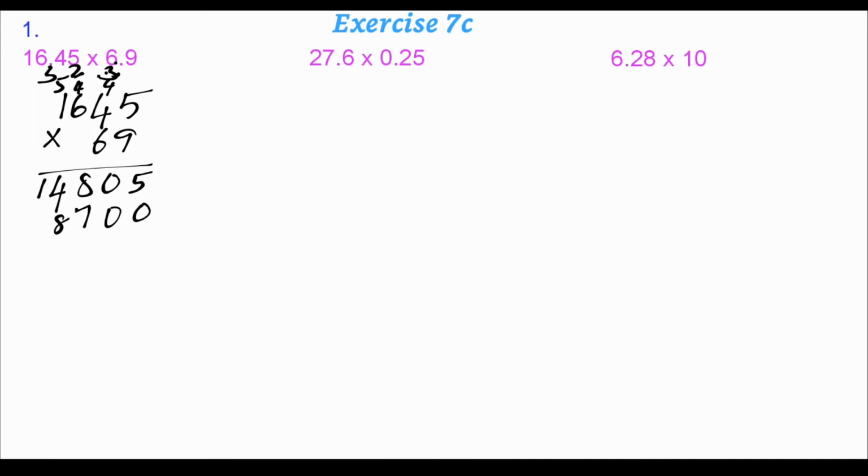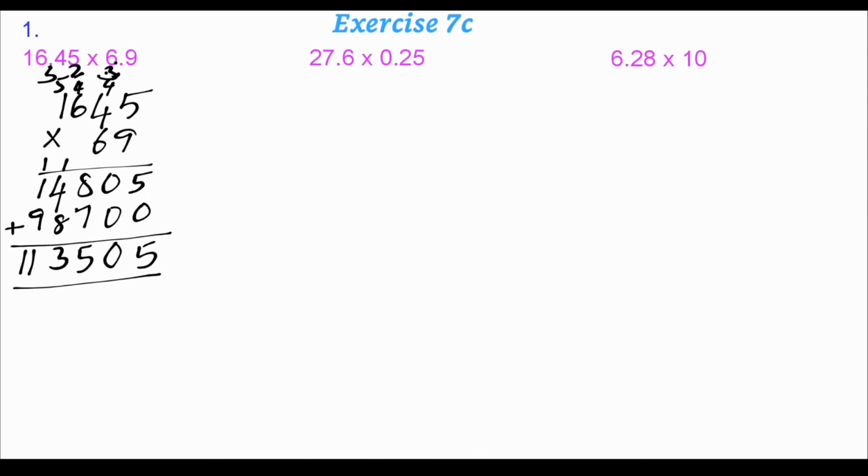And 3 here. 6 ones are 6, 7, 8, 9. So add this: 5, 0, 15, carry 1, 9, 10, 11, 12, 13, carry 1, 11.